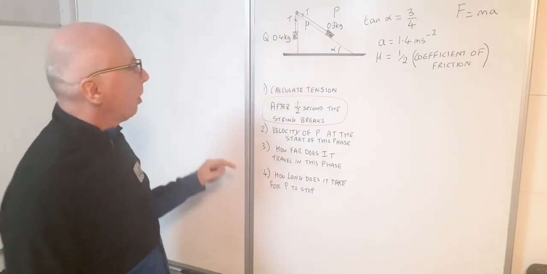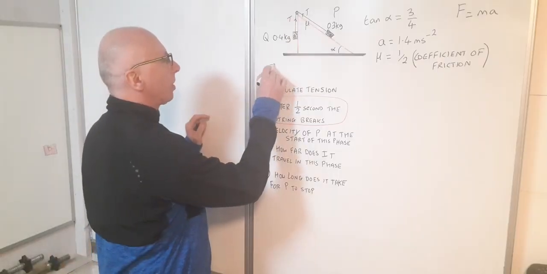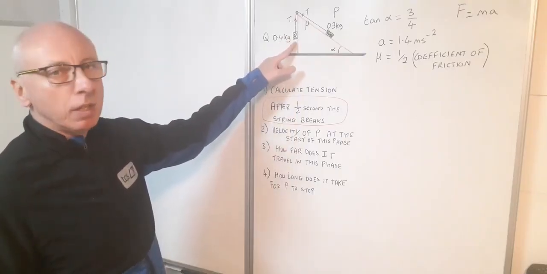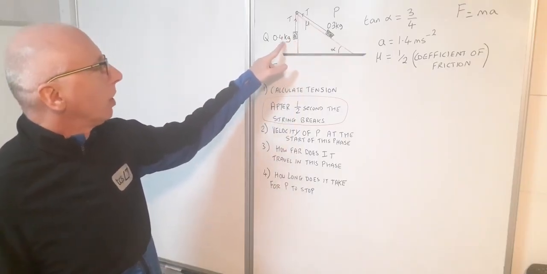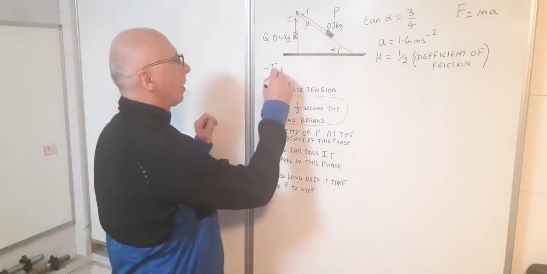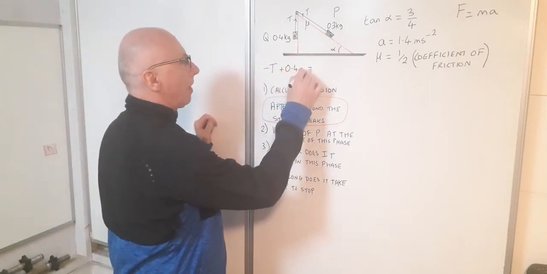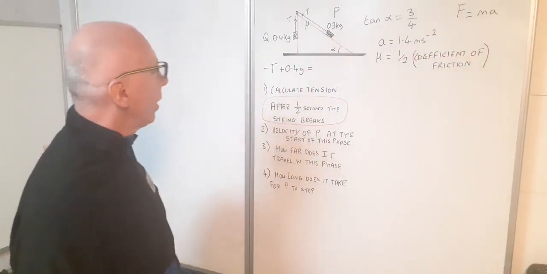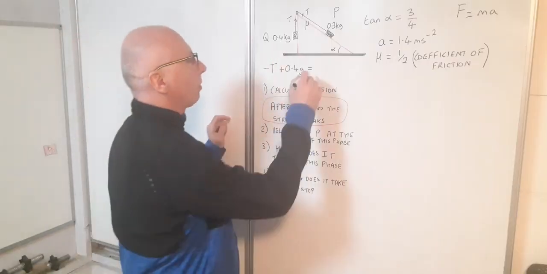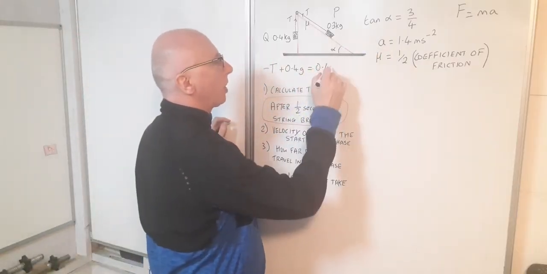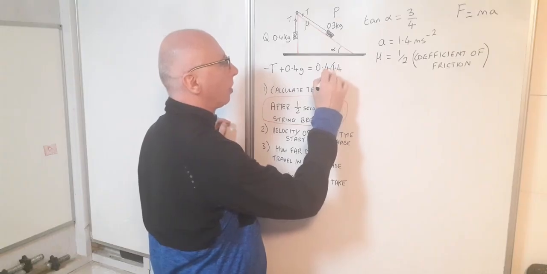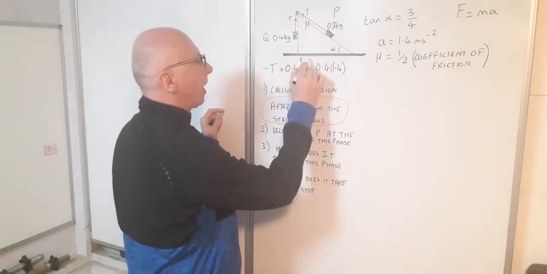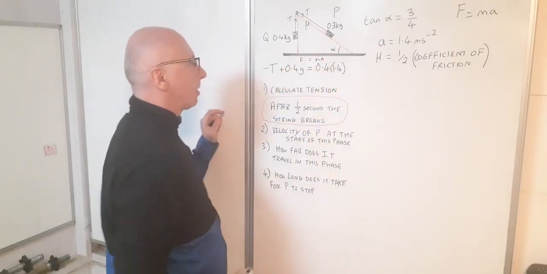So we've got T going in the opposite direction, so that's minus T, and we've got the weight of the block being pulled down by gravity, so that's 0.4 G. And then we set that equal to, by using Newton's law of motion, force equals mass times acceleration, the mass of the block, which is 0.4, and acceleration, which is 1.4. So that's our force equals mass times acceleration.